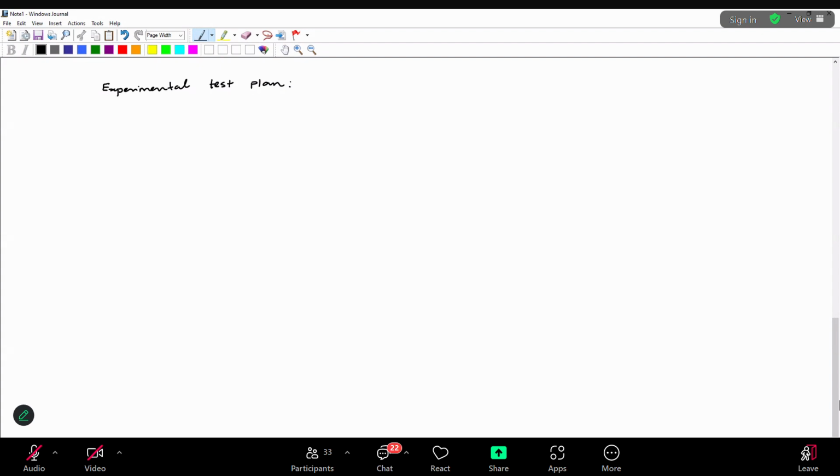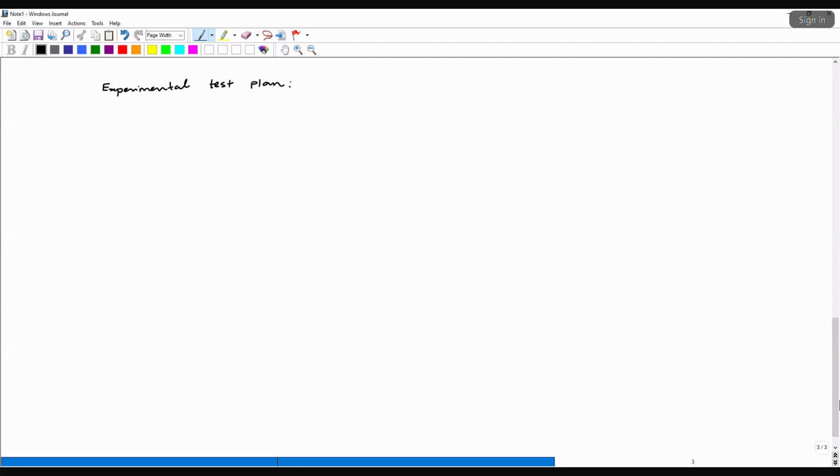So typically, when you seek answers to some of the questions you want to ask for your, let's say, developmental work, you must have a test plan. So the first thing is you need to identify all the parameters. So you need to have a parameter design plan.